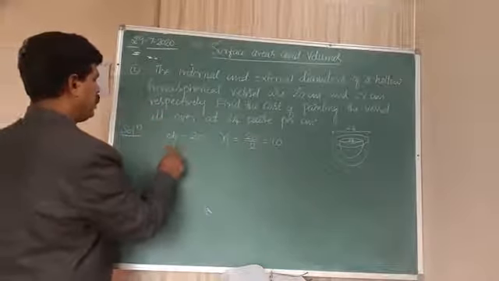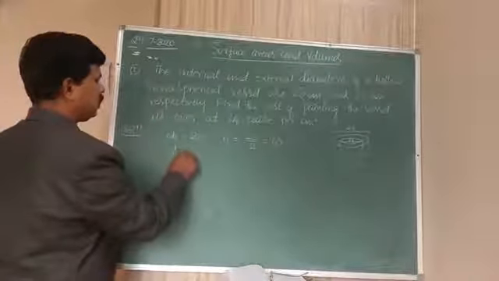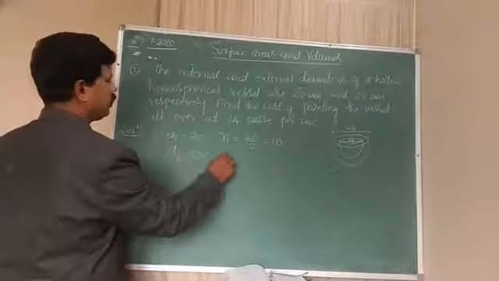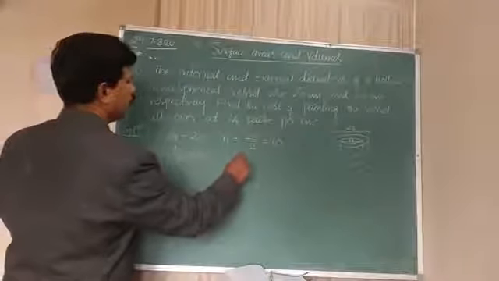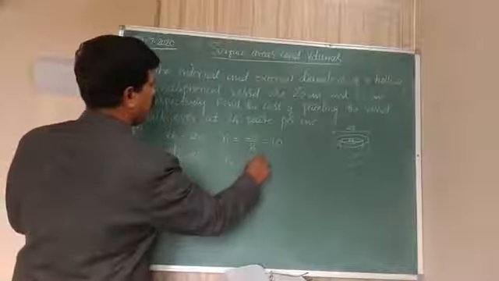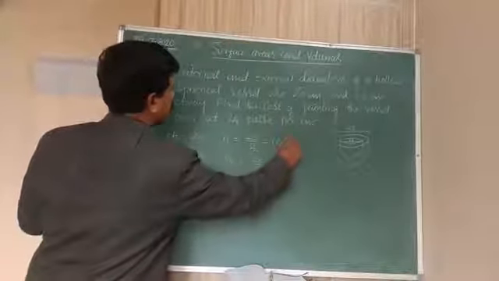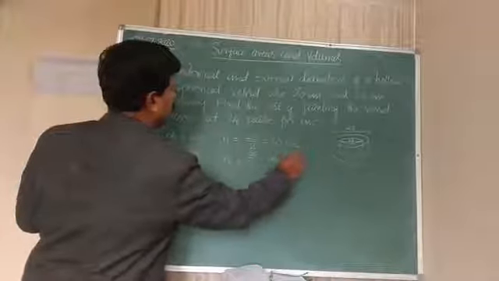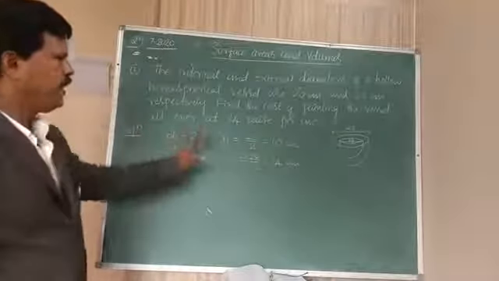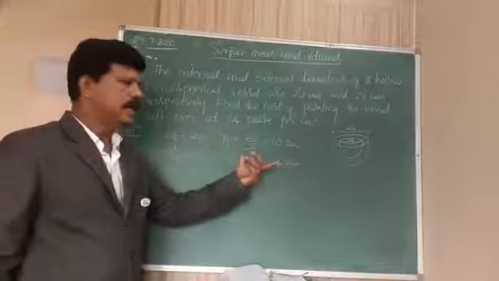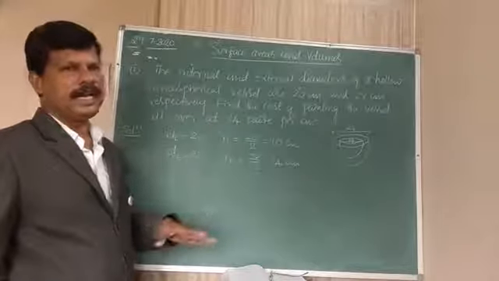Then the diameter of the external is 28, so Re is 28 by 2, that is 14 centimeter. Now we have the two radii: the internal radius and the external radius.